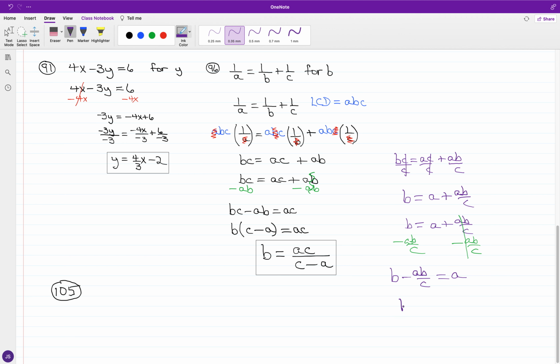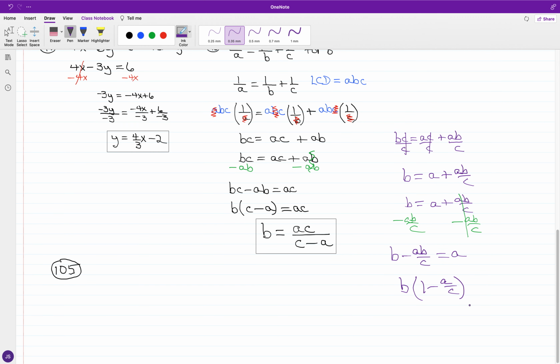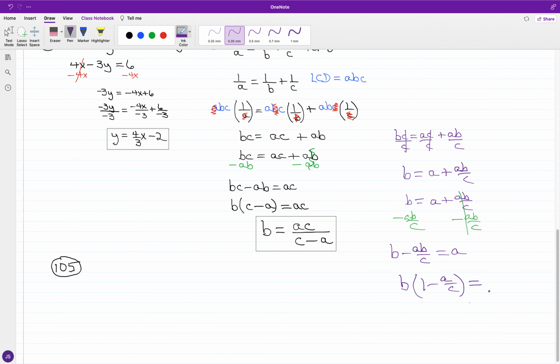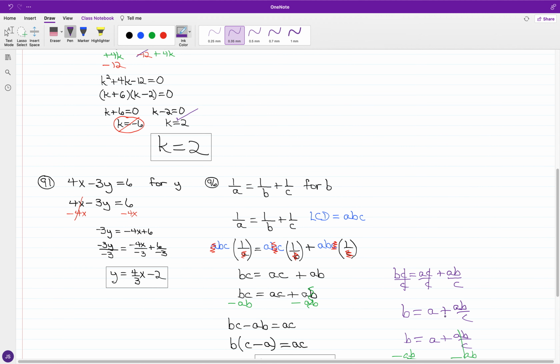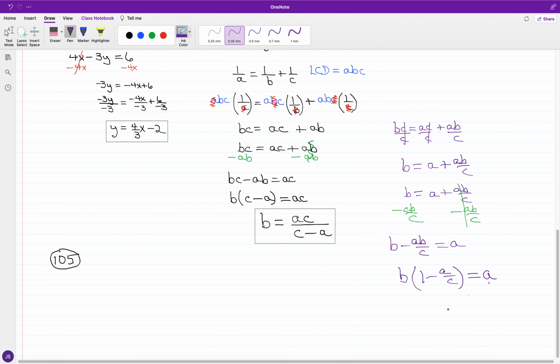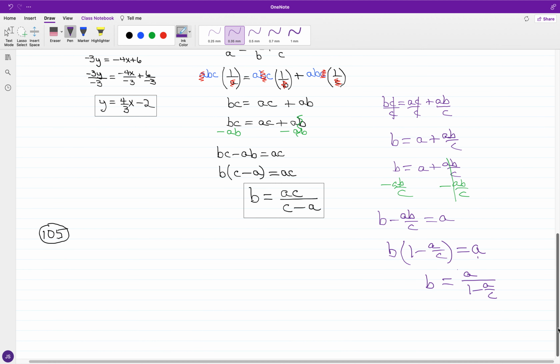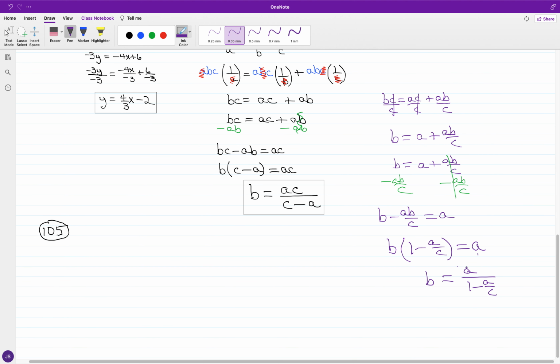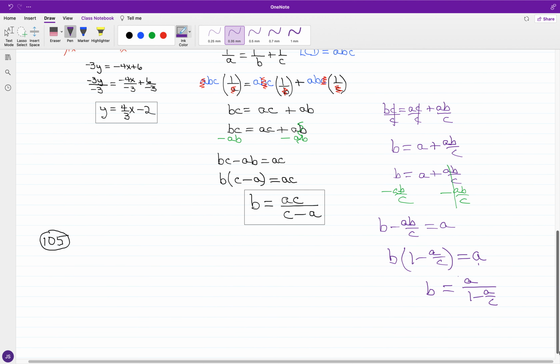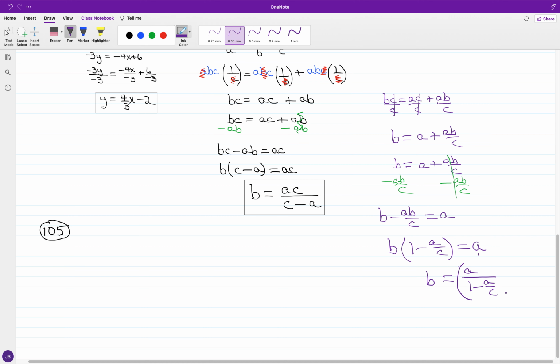If I factored out b, I have 1 minus a over c is equal to a. Getting b by itself, if I divide, I would have a over 1 minus a over c, a complex fraction, not as in the letter i, but just a ratio within a fraction.